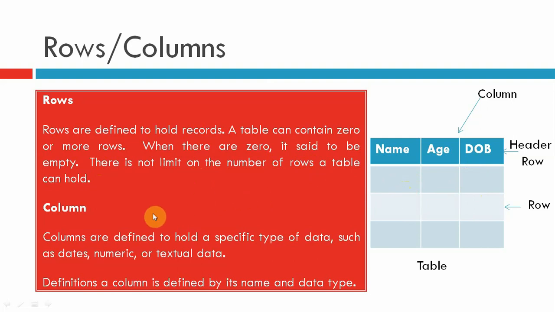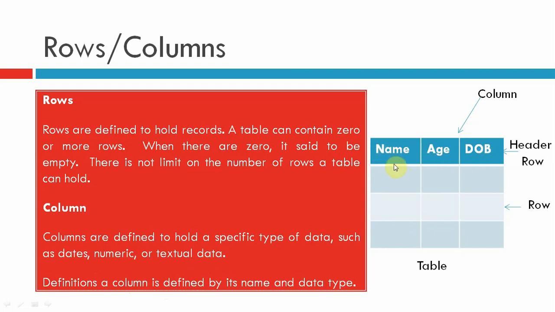What are columns? Columns are defined to hold a specific type of data such as dates, numeric, textual data. The definition of a column is its name and data type. While making a table and defining columns, we have to keep in mind two things. First, the name of the column, like name, age, date of birth.